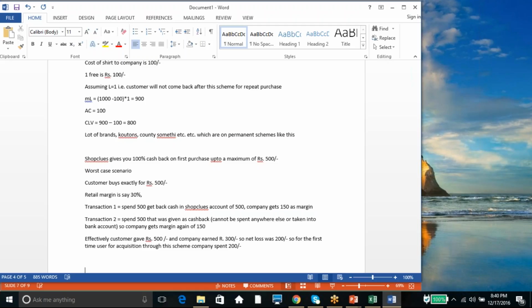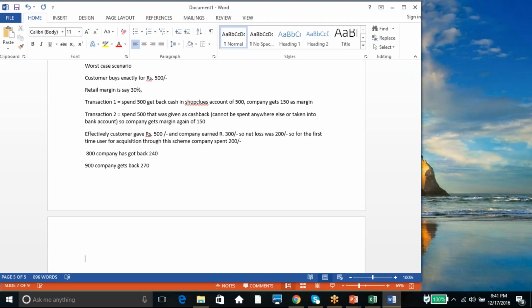So if in the first transaction you have spent 800, the company has got back 240, and on the second transaction you spent 900, the company gets back 270.